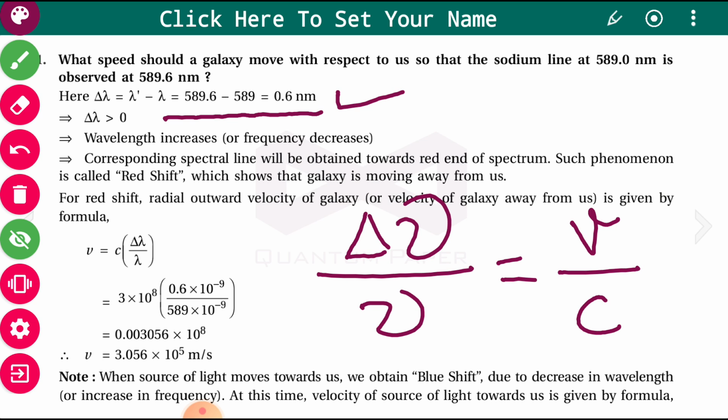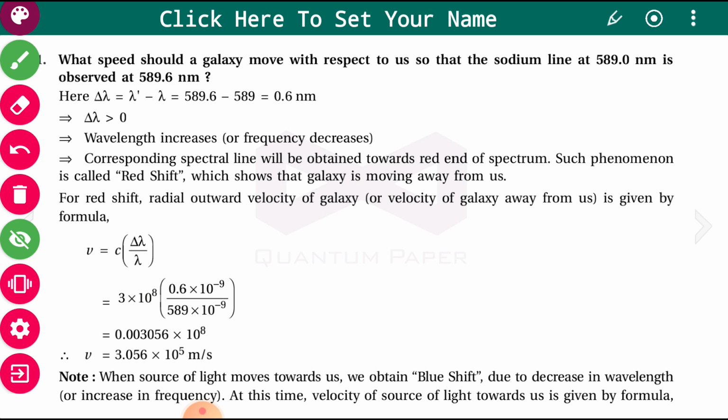Now see, if you replace this delta nu upon nu as delta lambda upon lambda, because velocity is equal to frequency into lambda, therefore this can be replaced.